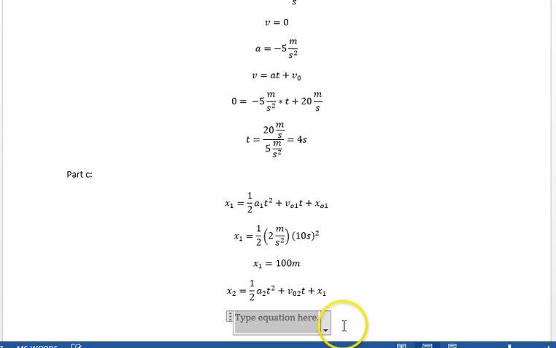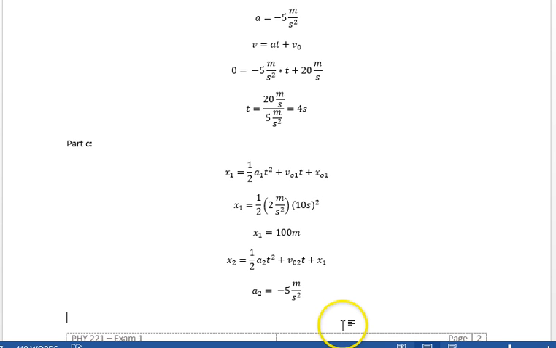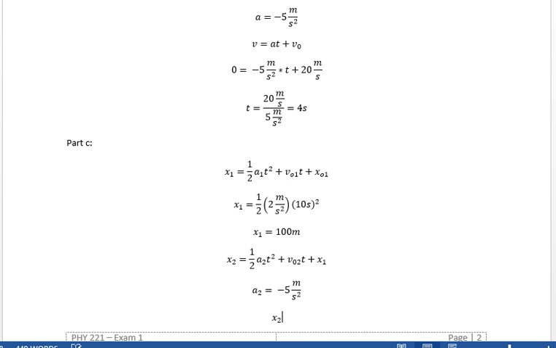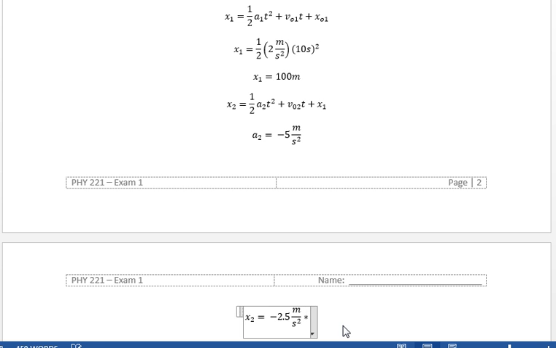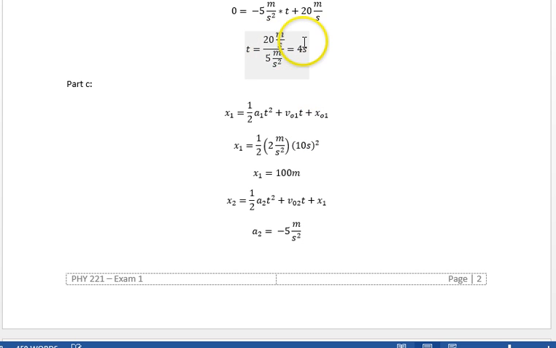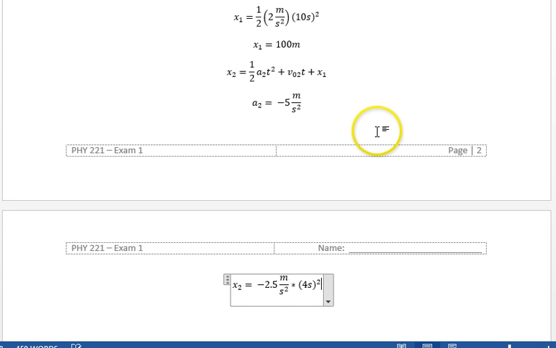We know that a₂ is minus 5 meters per second squared. So we have x₂ equals minus 2.5 meters per second squared times 4 seconds squared, and that's how long it took to stop in the second half of the problem.